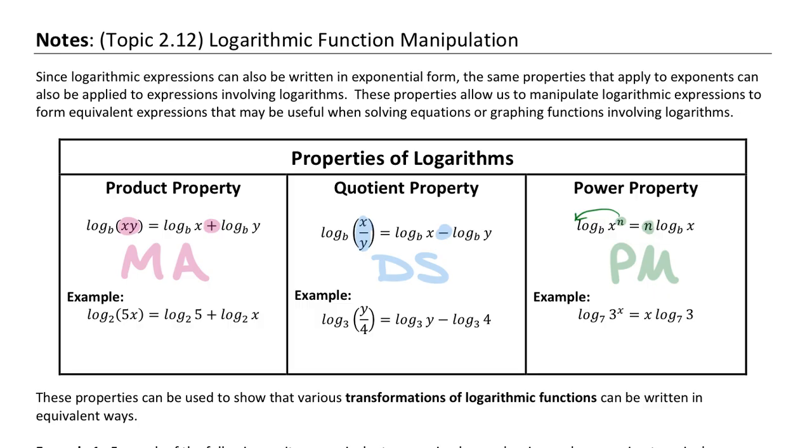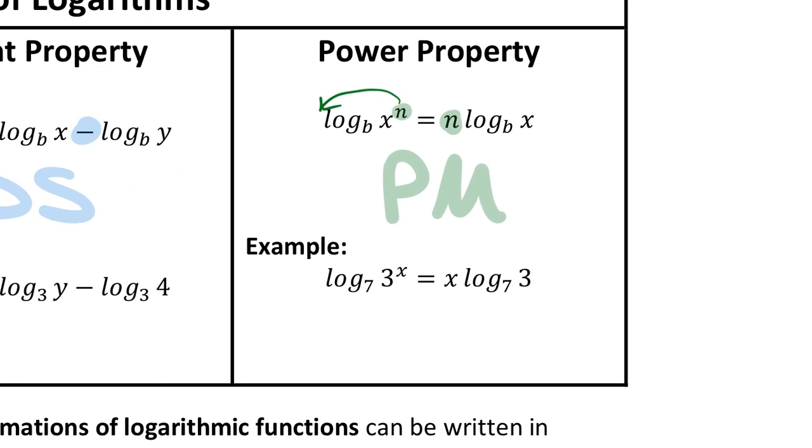Now, what we're going to be doing today is, I guess I should go over this example. Log base 7 of 3 to the x. These don't cancel out because they're not the same number. But we can take that power x and drop it right in front. Now, I do need to make a note right here and make sure you know this. This is like a little note to self.